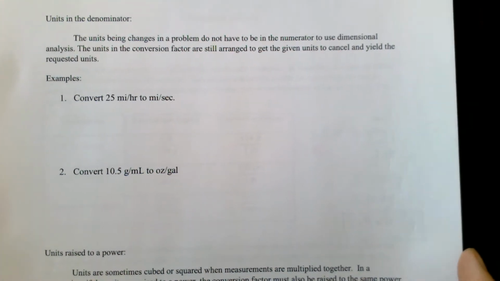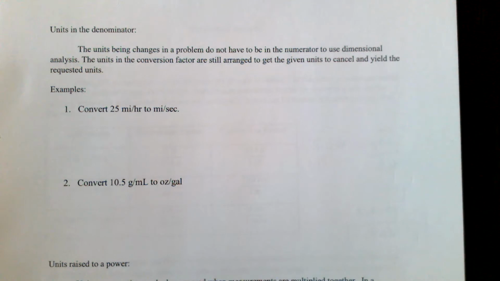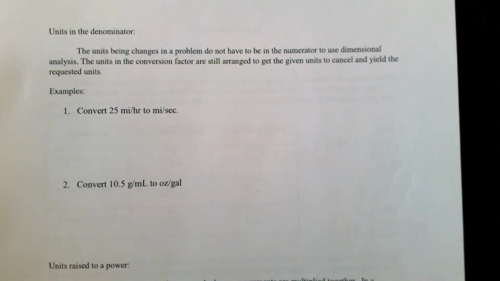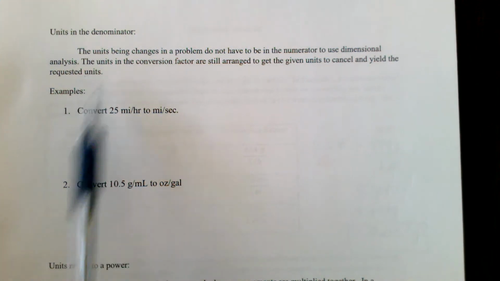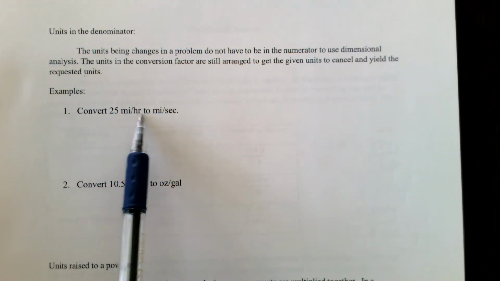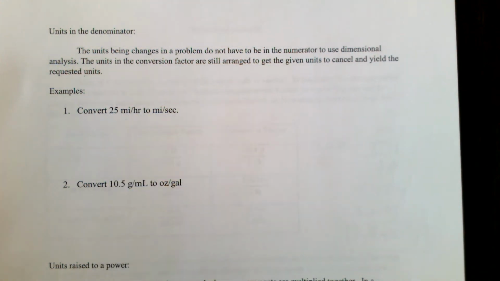So the next side is starting to look at what happens when you have units, say, in the numerator and in the denominator. All right, so it's not going to really change a whole lot. We're just going to have to stack our conversion factors one at a time to do our conversions here.